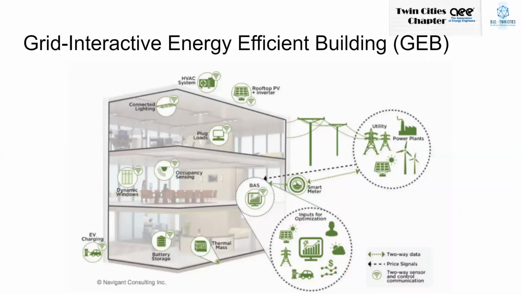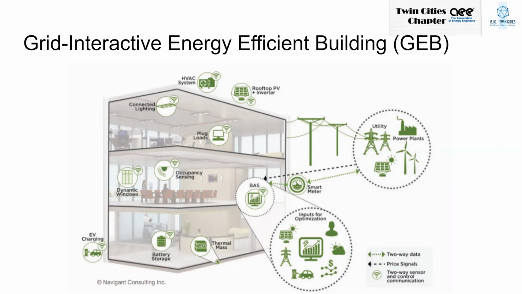And then you have a BAS system that provides the management and efficient operation, so that you can intelligently operate the building. In addition to those building systems, now we can also add generation in terms of rooftop PVs. We have storage in terms of battery storage and thermal mass, some thermal storage, and we have EV charging.